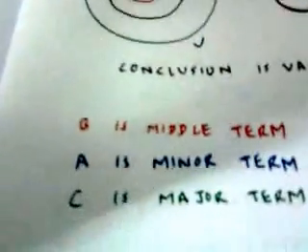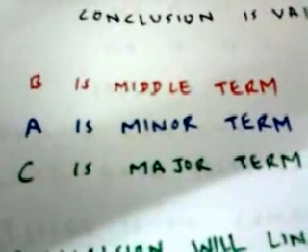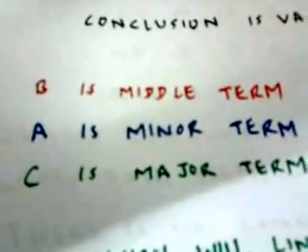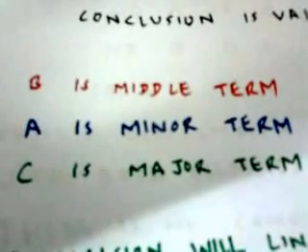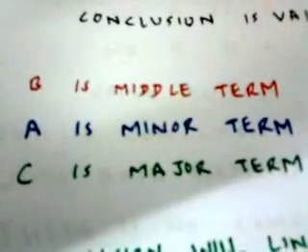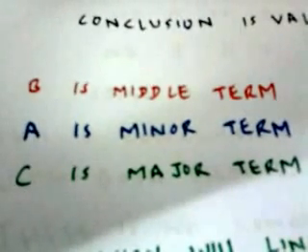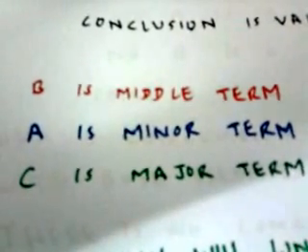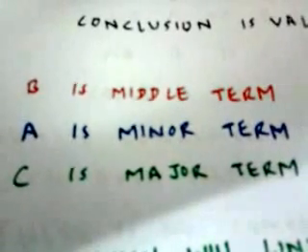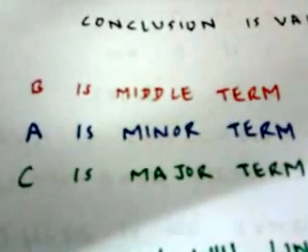Now, if you look at this syllogism, we see there are three terms, A, B and C. Since B is repeated in the first two statements, we say B is the middle term. A is the minor term. It comes in the first statement. Apart from the middle term, what we have in the first statement is the minor term.